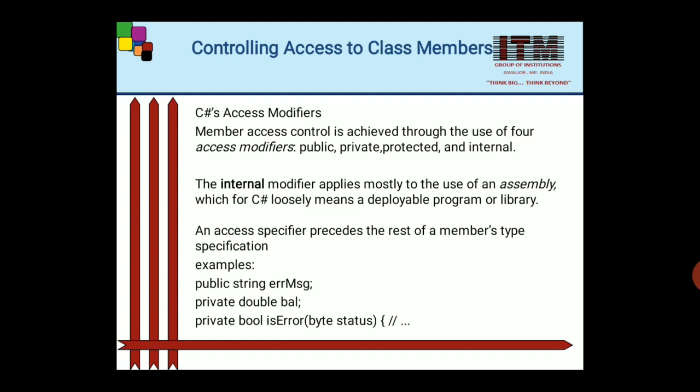Here we discuss first of all private and public. The internal modifier applies mostly to the use of an assembly, which for C Sharp loosely means a deployable program or library.